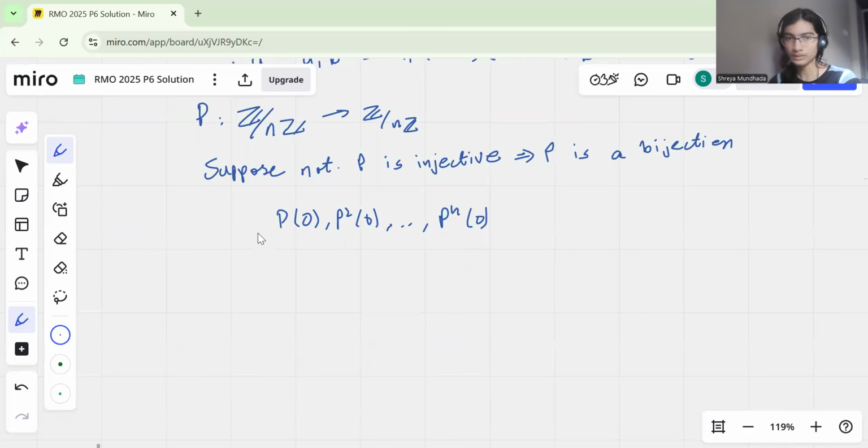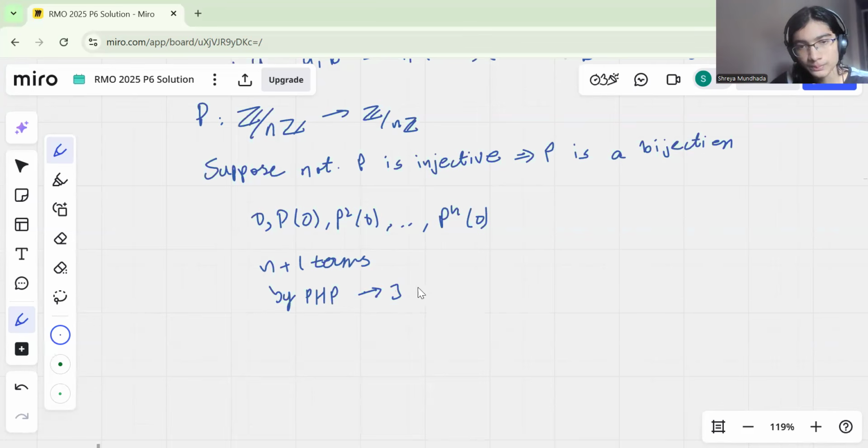Let's also add 0 to this because it's a starting sequence, it's sort of p to the 0 of 0. And these are n plus 1 terms. So by PHP, we can get that there exist two terms which are the same mod n.